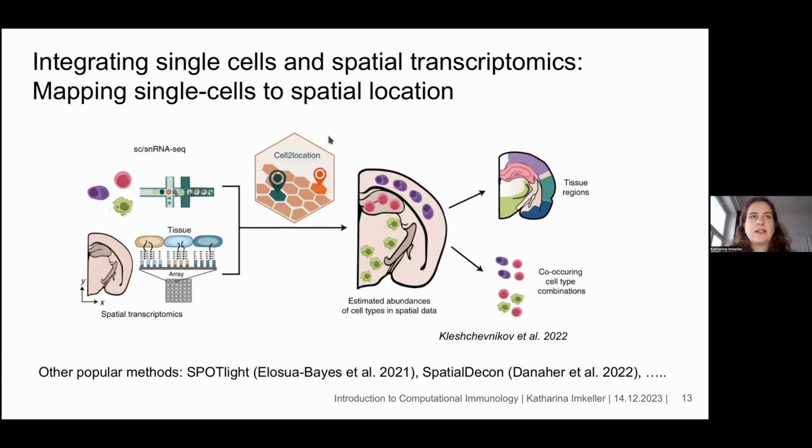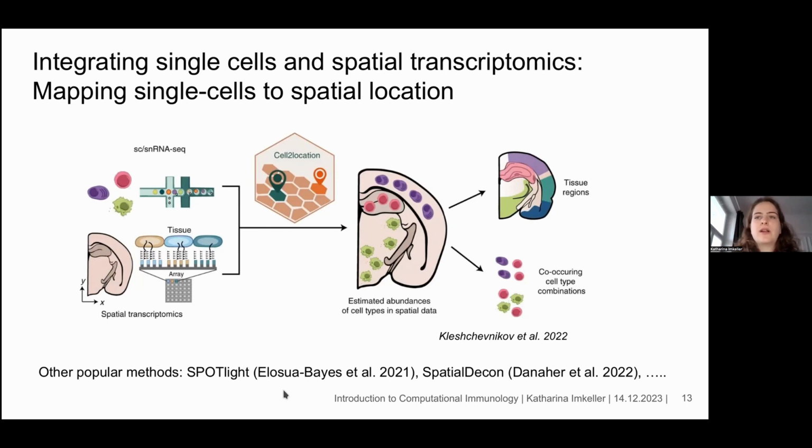So to bring the single cells from your single cell sequencing data into some kind of spatial context. I selected one article here which introduces the cell2location tool. And the cell2location tool, starting from single cell and spatial transcriptomic data, helps you to find the most likely location of the single cells within the spatial organization of the tissue.